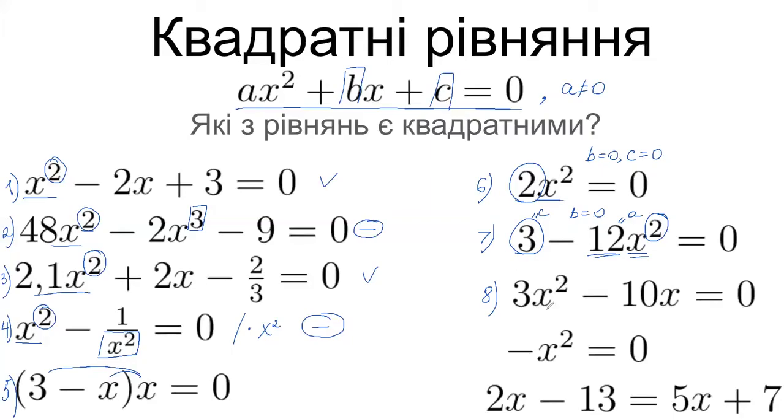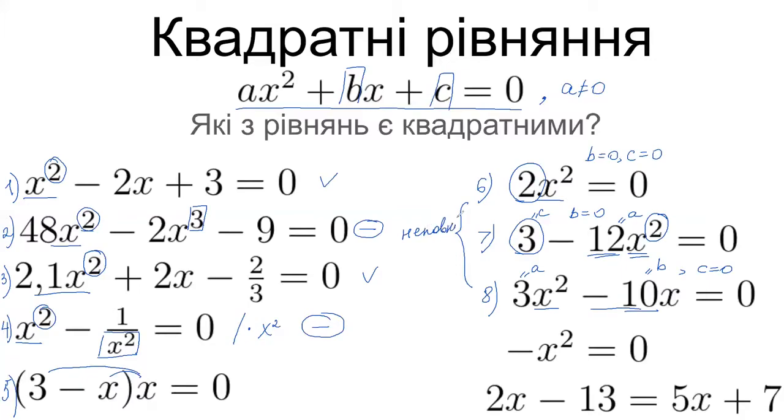3x squared minus 10x equals 0. So here is also a quadratic equation. Coefficient a equals 3, coefficient b equals negative 10, and c, we don't have any c here, so c equals 0. So all these three equations, 6, 7, and 8, are incomplete quadratic equations.